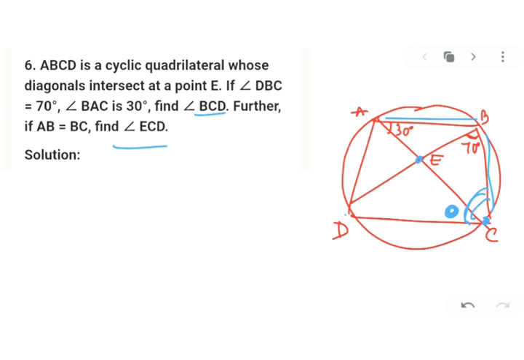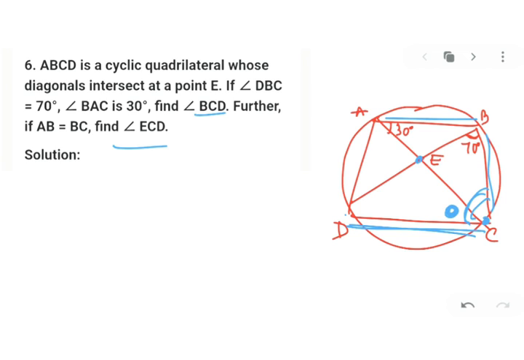Shall we start? Okay. Now, my dear kids, you have to understand, if I am considering chord CD, can you see a chord CD? Yes. We know that the angles which are made by the same chord or arc will be equal.